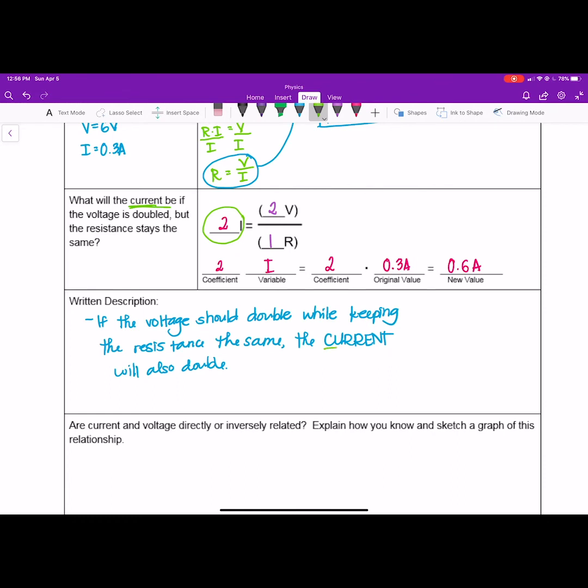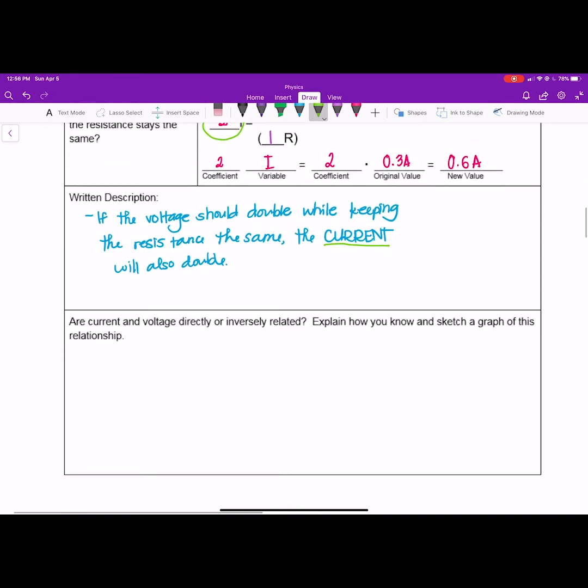So remember, we were looking for the current, and that's how we would write our written description.